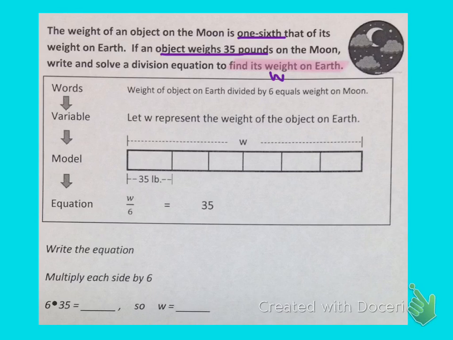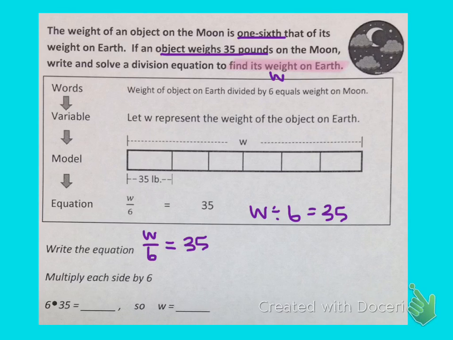So our equation is W, the weight of the object on Earth, divided by 6, which we can write W over 6, equals 35. So remember, W over 6 is the same thing as W divided by 6. Okay, so now we need to write the equation. W over 6, so W divided by 6 equals 35.